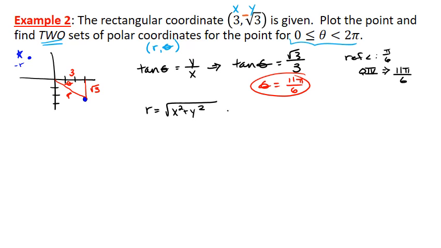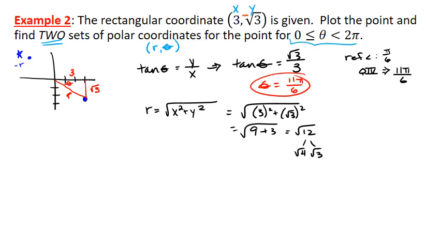If that is the case, then r is equal to the square root of 3 squared plus the square root of 3 squared. This is 9 plus 3, which is the square root of 12. And we can reduce this into a perfect square times a non-perfect square. So this reduces to 2 root 3. Okay, so we have found r.